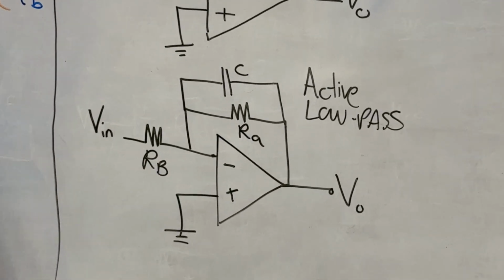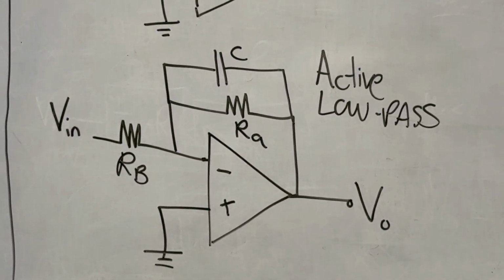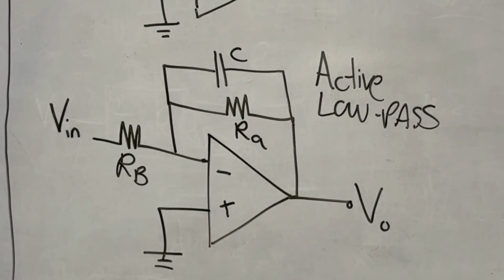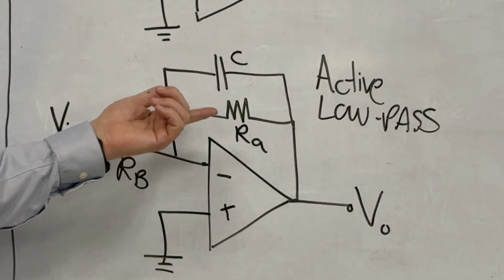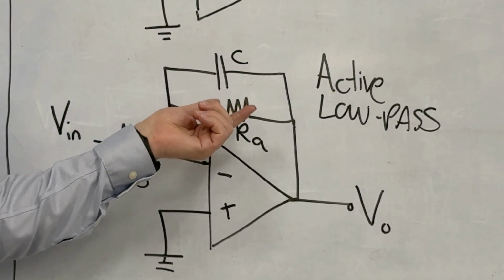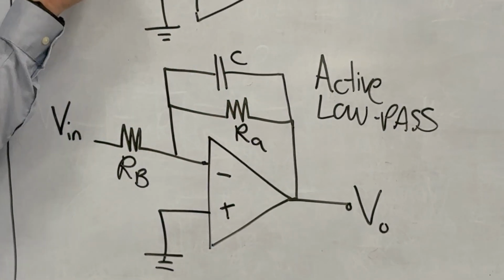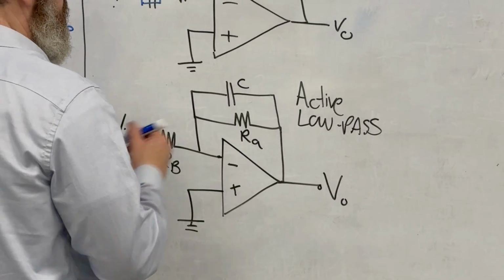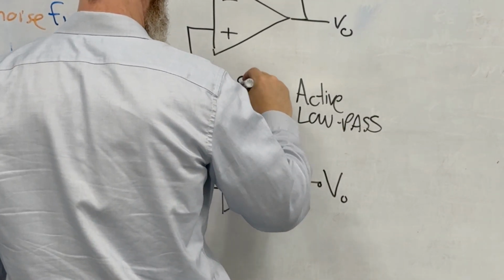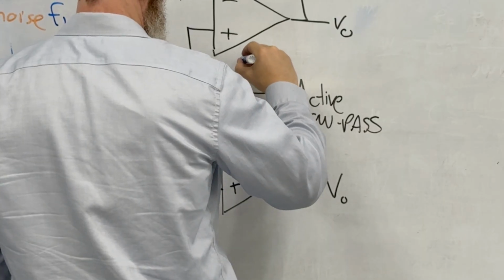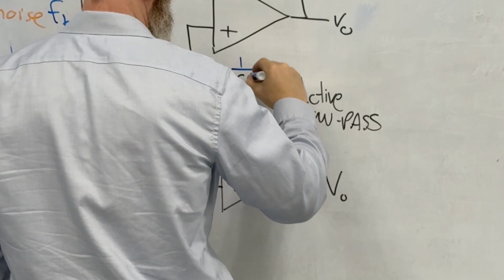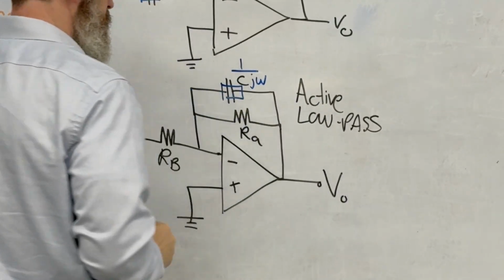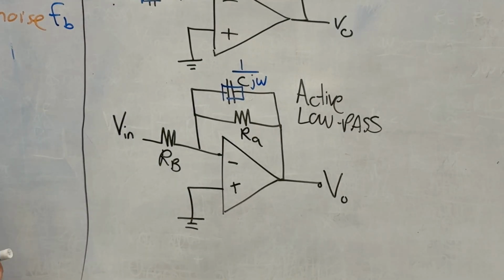Let's think about what it does. We're going to replace this capacitor with the 1 over JWC, right? So this is going to become 1 over CJW or JWC, right? That's what it would be, the term here.